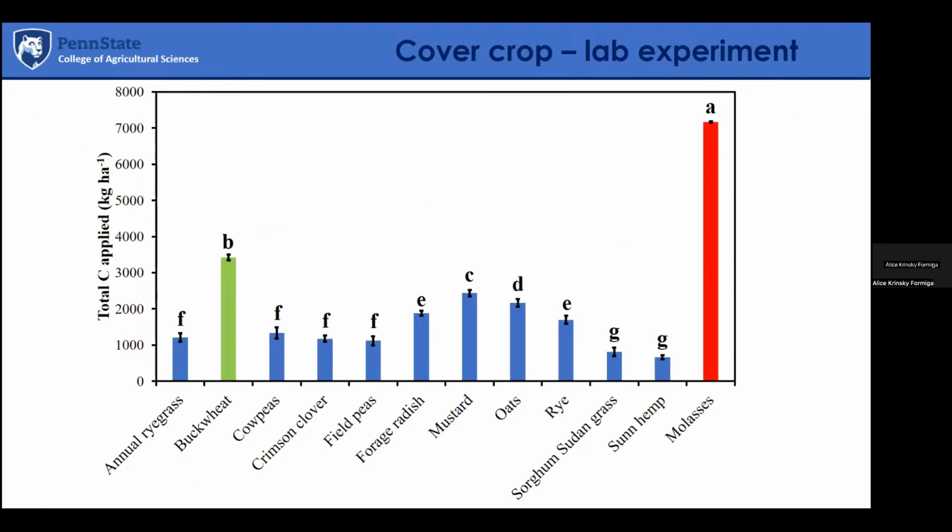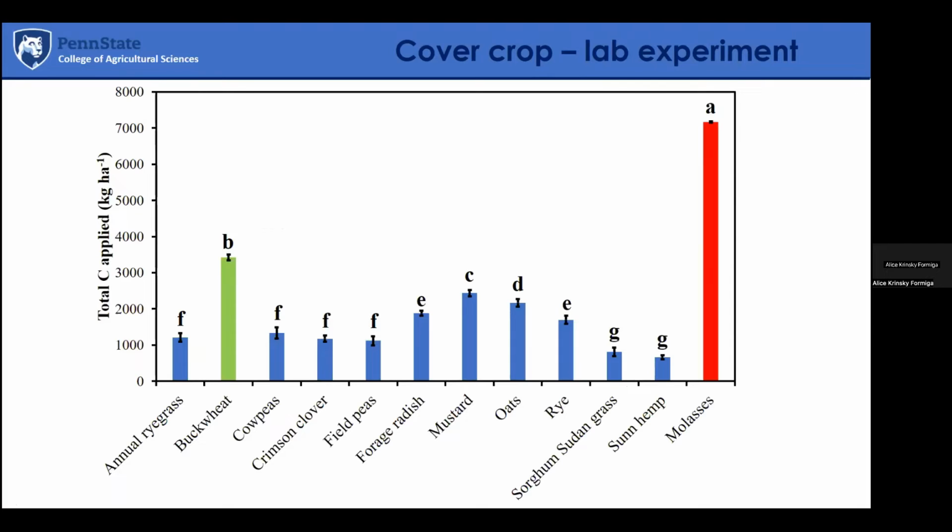Now, besides assessing the biomass, we analyzed those tissues for the total carbon content, and multiplying the total carbon content by the dry biomass that each cover crop generated, we estimated the total carbon applied for each of those cover crops.